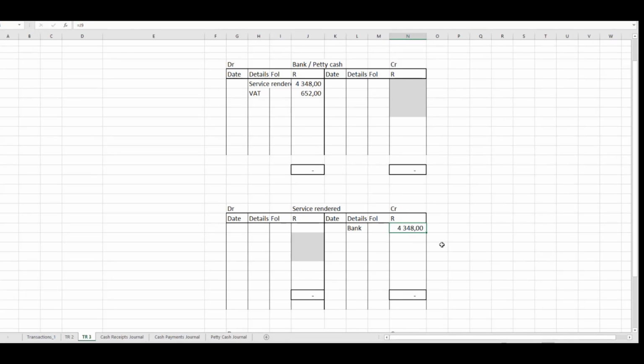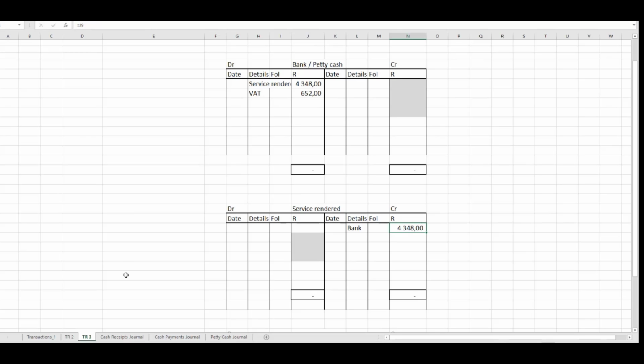And if the amount is 5,000 rands like this, including VAT, you are required to calculate the amount excluding VAT. On services rendered, assets and expenses, I mean income, assets and expenses, you have to exclude VAT on the amount that is going to the GL accounts.